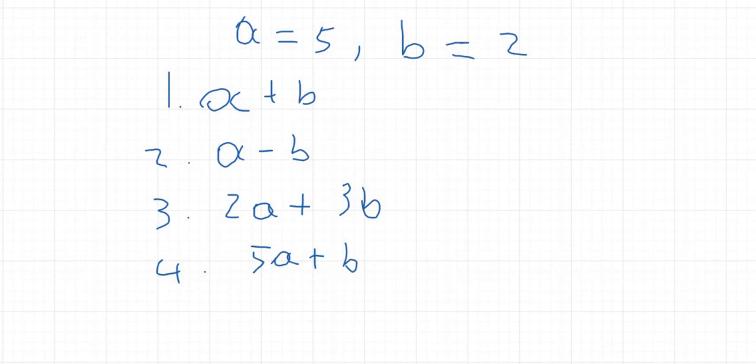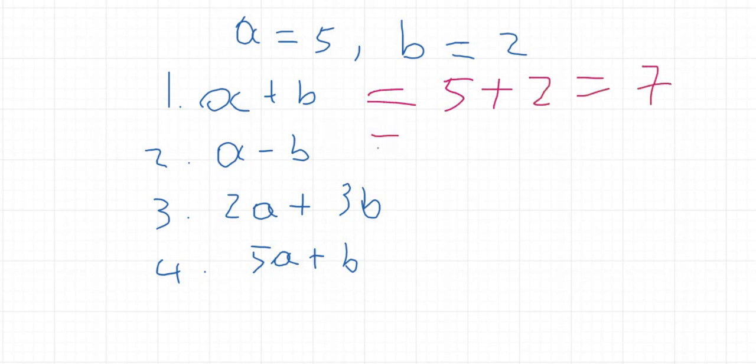So if a is equal to 5 and b is equal to 2, what would a plus b be? So we'll just substitute. If a is 5 plus b is 2, then this gives us 7.